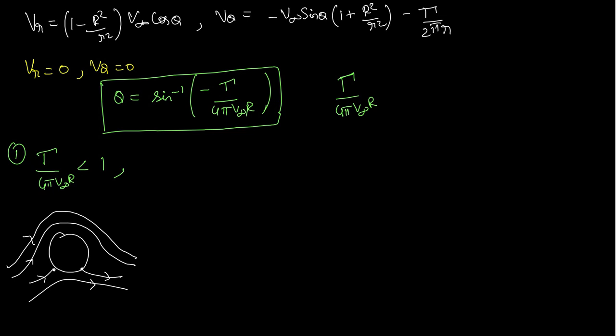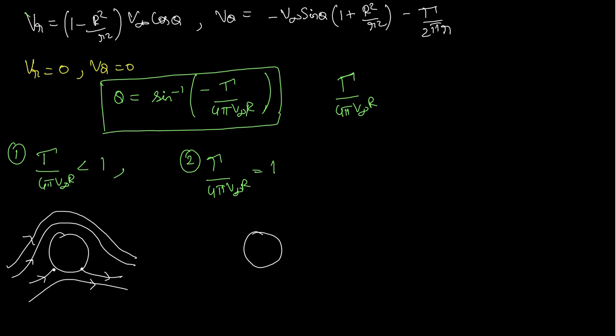The next case we'll consider is where the circulation, or the strength of the vortex, is equal to 4 pi V infinity R. So let's see what happens in this case. You get sine inverse of minus 1, which is nothing but 270 degrees, 3 pi by 2. So you can guess how the flow field might look like.